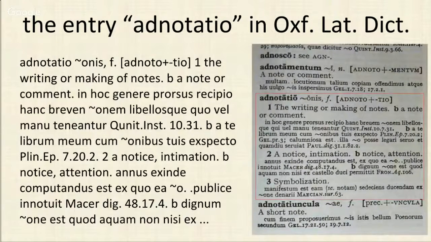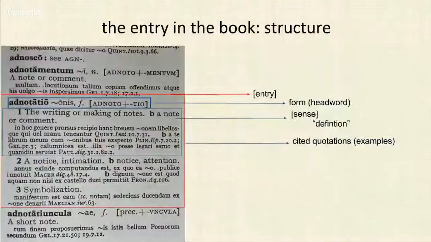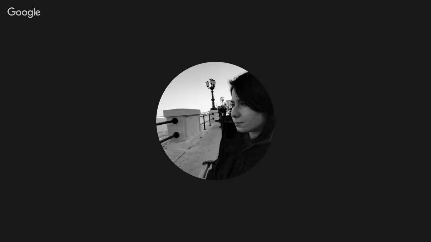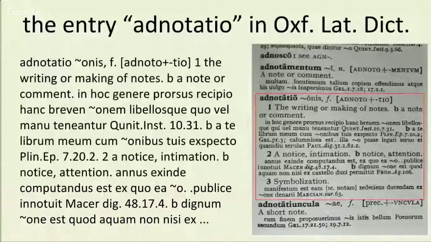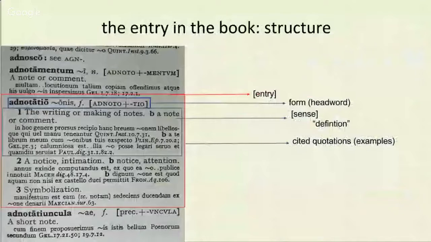This is now the lemma, the entry annotatio, and as you can see clearly, the typographical devices are very important in order to see the entry, to be able to understand what's going on there, not to see a sea of words.